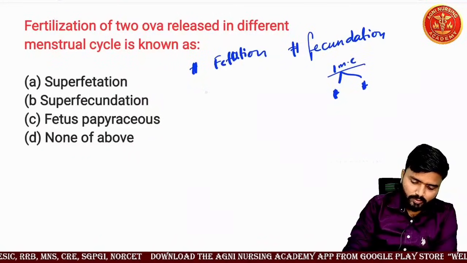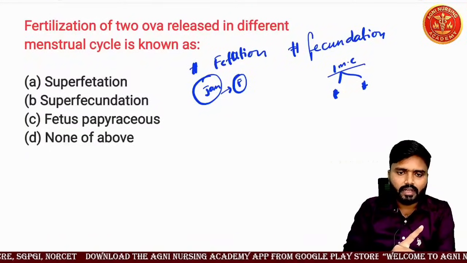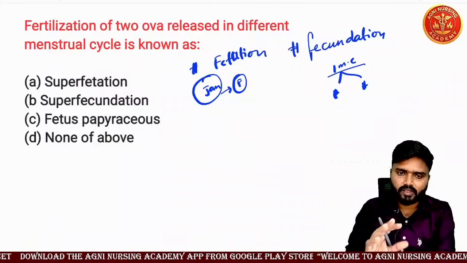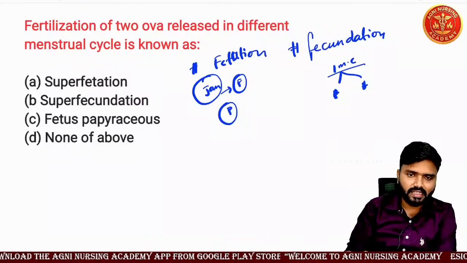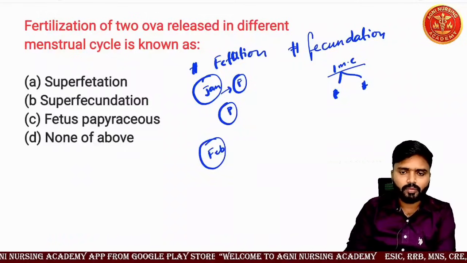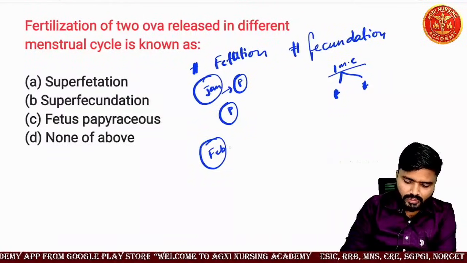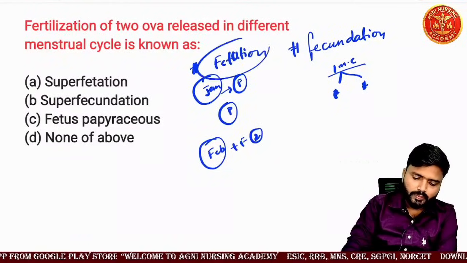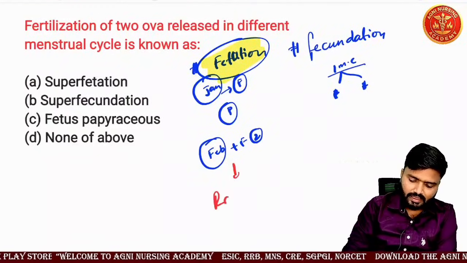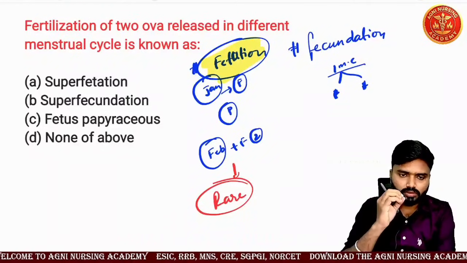But, for example, in the month of January one fertilization happens, with the fusion of one egg and one sperm, and the pregnancy process starts. Then in the month of February, the cycle happens again, ovulation happens, and if fertilization happens at that time too, we call it superfetation. This is a very rare case, the rarest case.